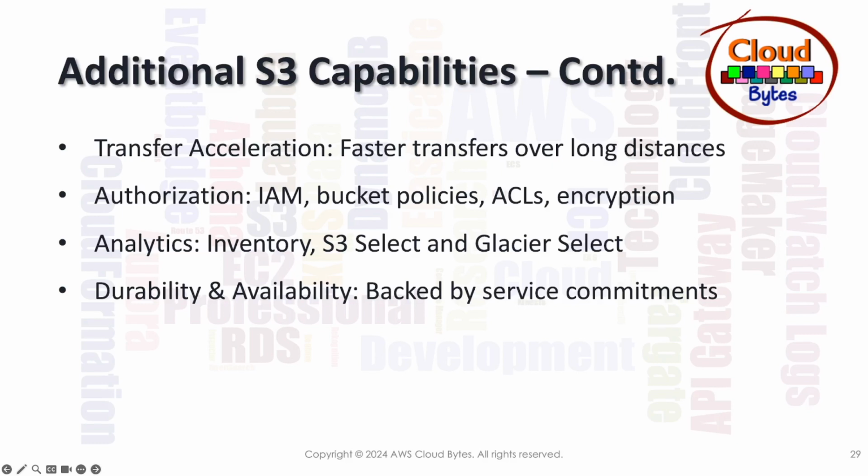Analytics by using S3 Inventory. Then you have S3 Select and Glacier Select. They all allow you to analyze objects. Durability and availability are backed by service commitment. As we already discussed, it is designed for 11 nines of durability and 99.99% availability as a service commitment.